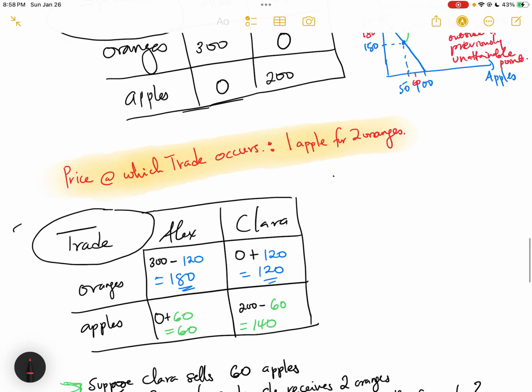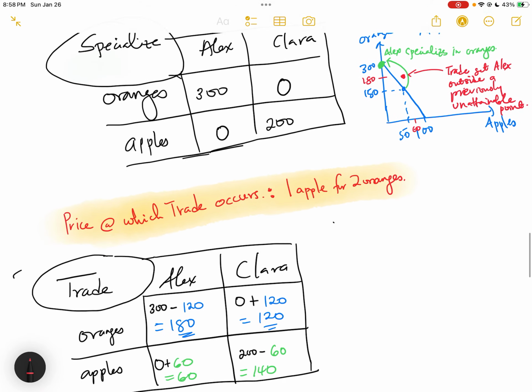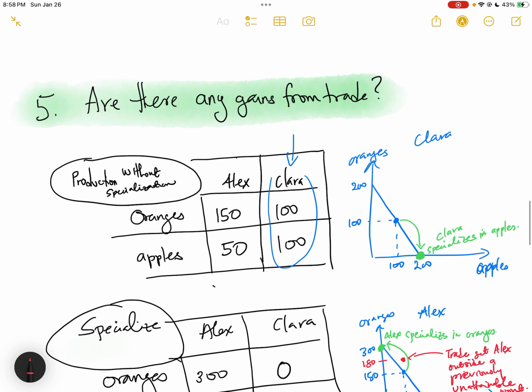What about Clara? Well, Clara here is 120 oranges and 140 apples. 120 oranges, so maybe that's about here, and 140 apples, that's about here. And so see, trade sets Clara outside her PPF, so that is a spot that was previously unattainable.